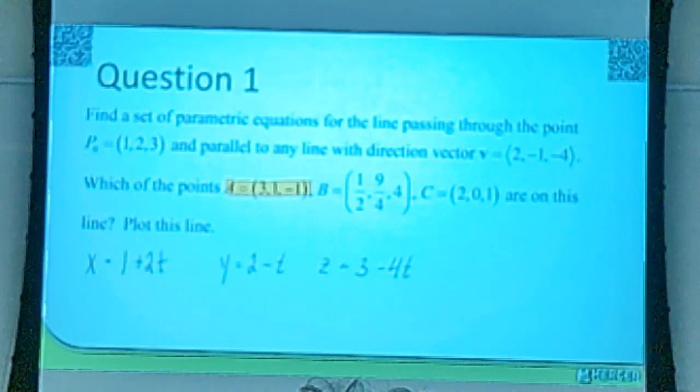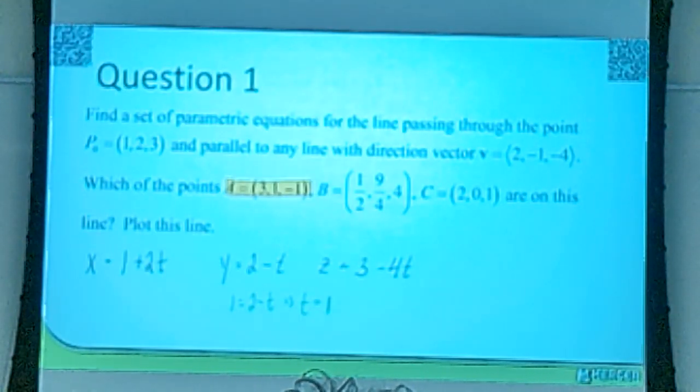Now, if y has to equal 1, t would be, oh, it's just one.